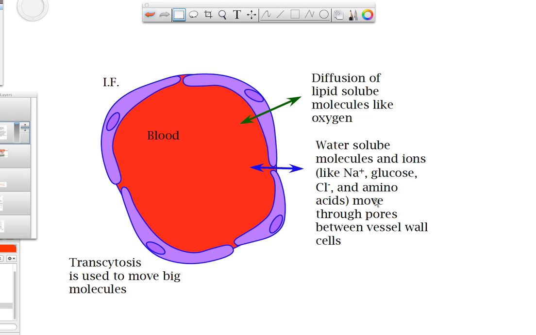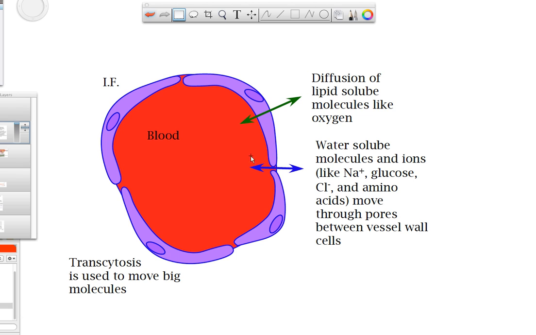Water-soluble molecules, ions especially, but small neutral molecules as well, move through spaces in between, these spaces are called pores, in between the cells that comprise the wall.